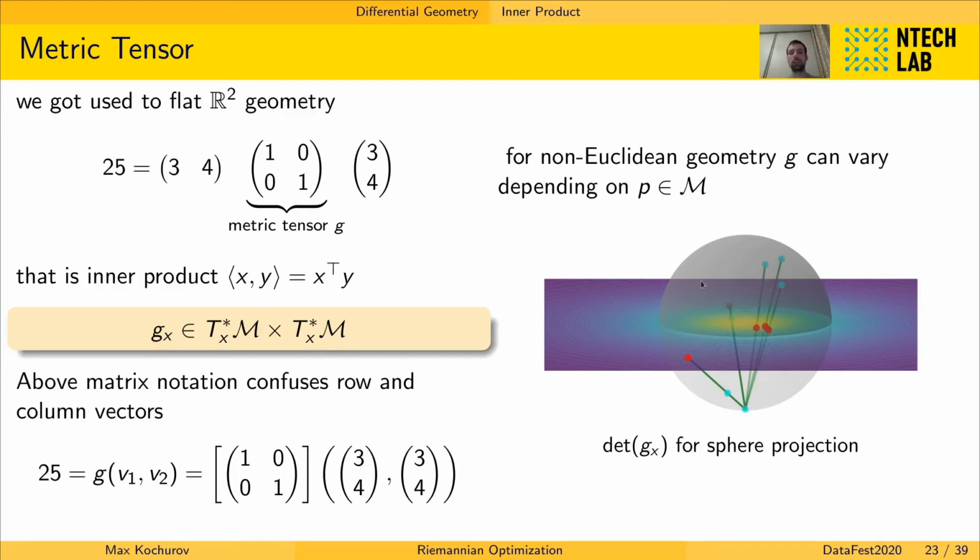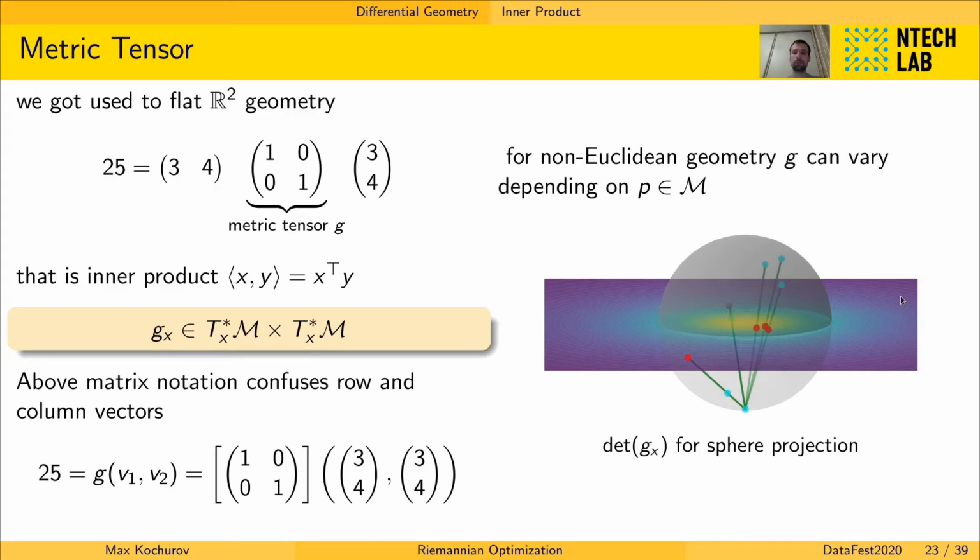Besides, the sphere has constant curvature. In different parameterizations, it can have a different and changing metric tensor. And the metric tensor in the parameterization where we map all the points of the sphere on the plane is changing.